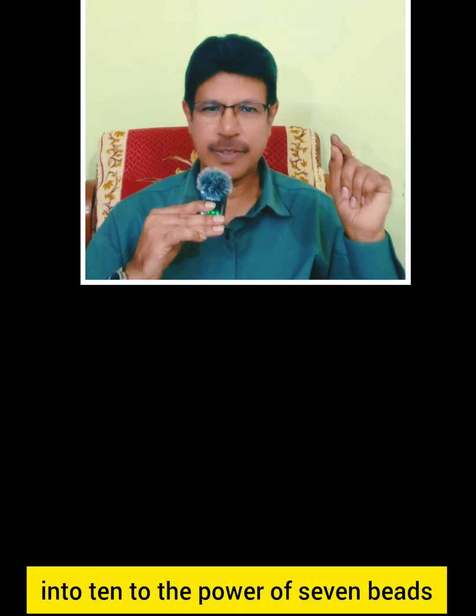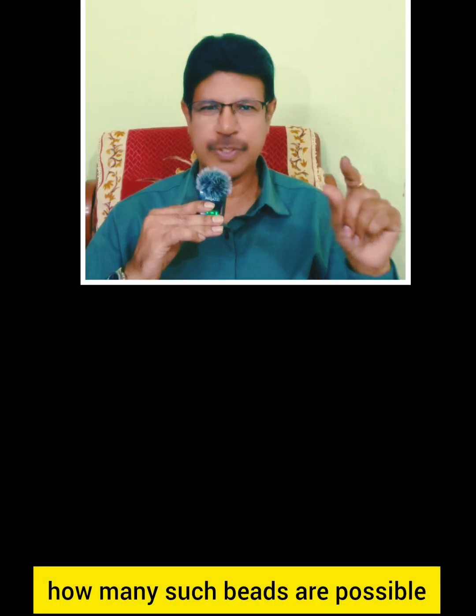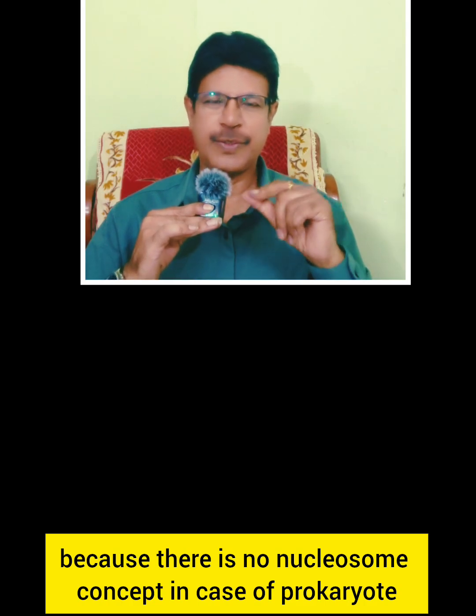Roughly it comes to 3.3 into 10 to the power of 7 beads. Suppose in case of E. coli, 4.6 into 10 to the power of 6 base pairs, how many such beads are possible? Beads are not possible because there is no nucleosome concept in prokaryotes.